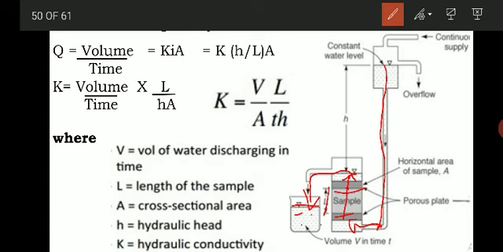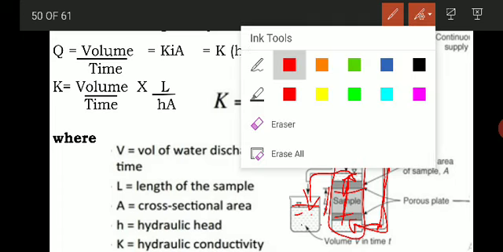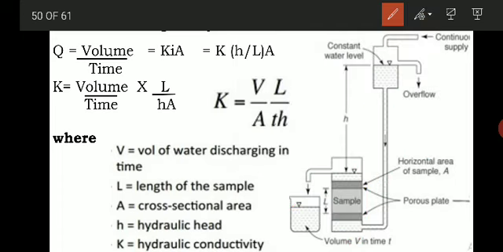So here this is a cylinder and the water is entering from the bottom, and it is collected as overflow after passing upward from the sample. So this is done in constant head permeameter.